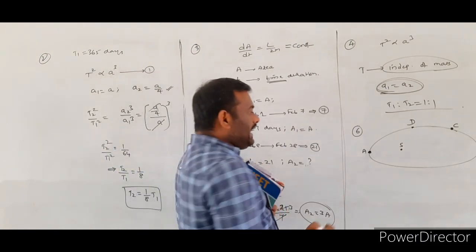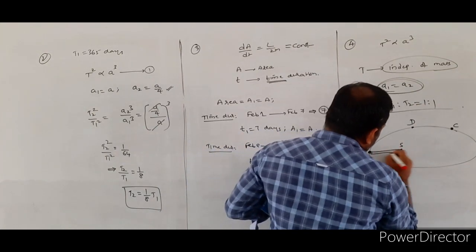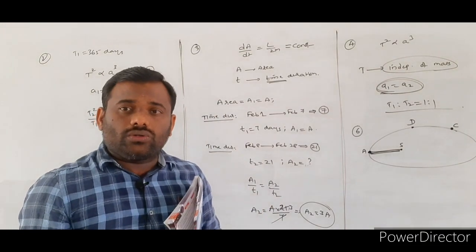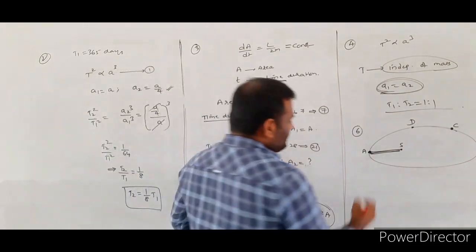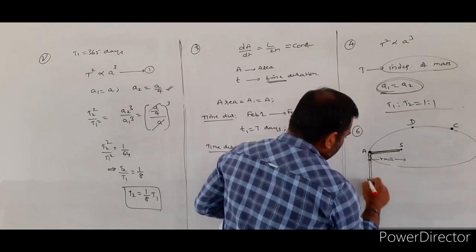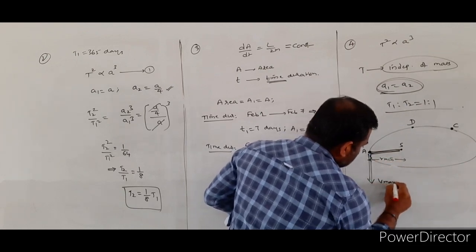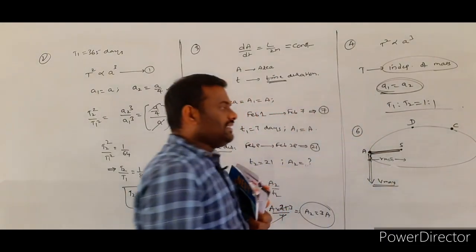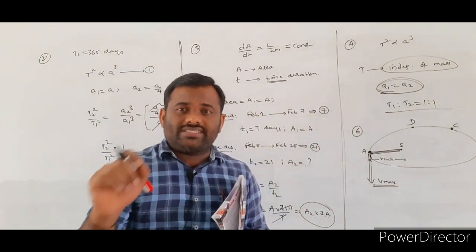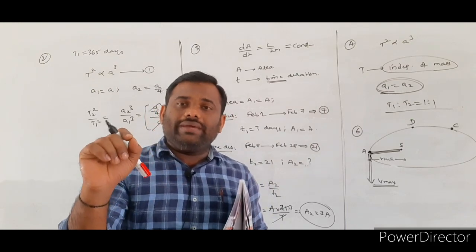See here, I already told you the point A will be very close to the sun. Whenever the distance of separation is minimum, at that point the velocity or speed value will be maximum. Already this type of condition we wrote: angular momentum will be constant, m into v into r will be constant.